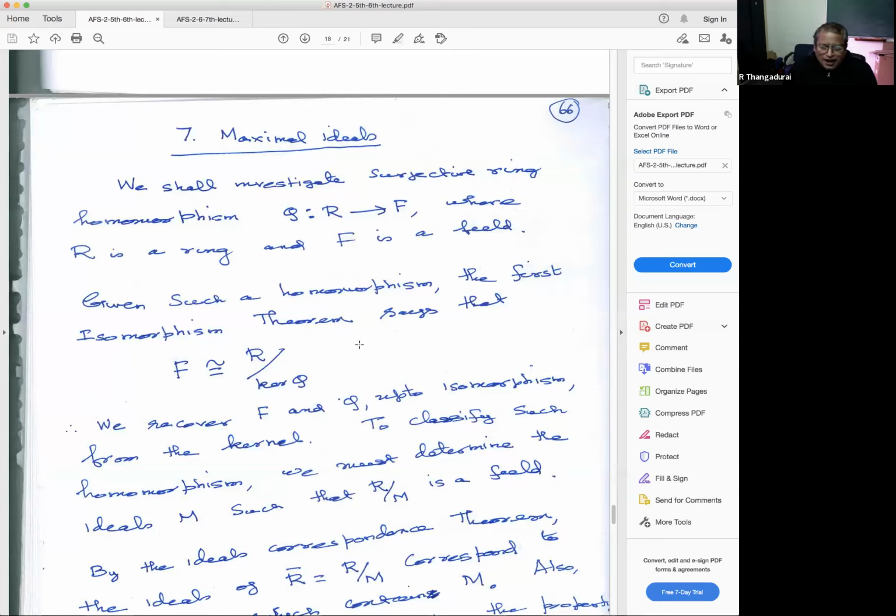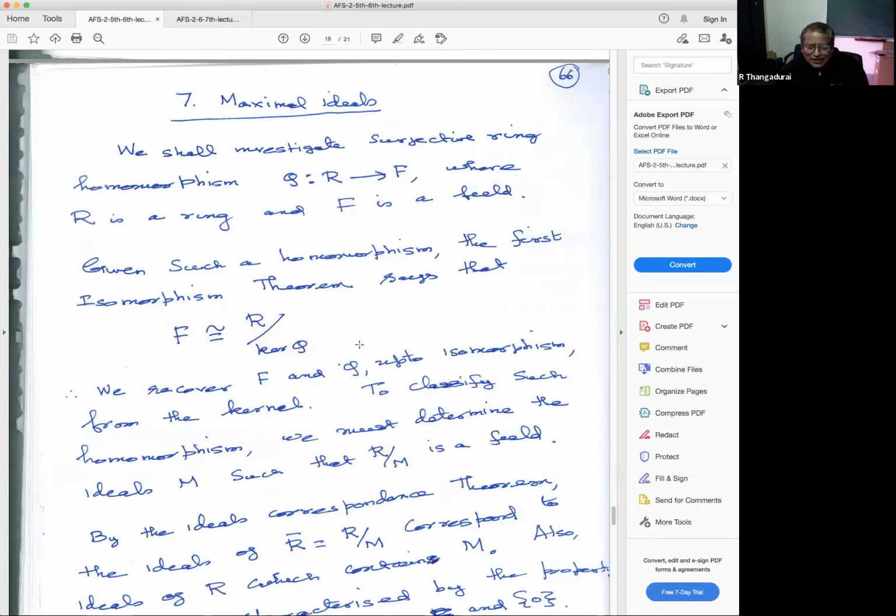So R modulo an ideal is isomorphic to the field F. If we can understand the various kernels, what all kernels can come, we can understand phi also. So what are all possible ideals I such that when we go modulo I from the ring R, we get back the field F? Then we understand the homomorphism also.